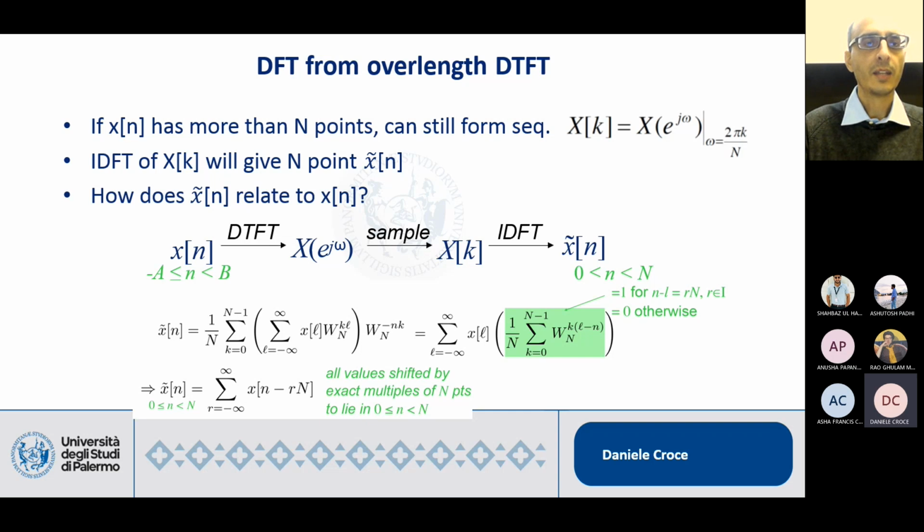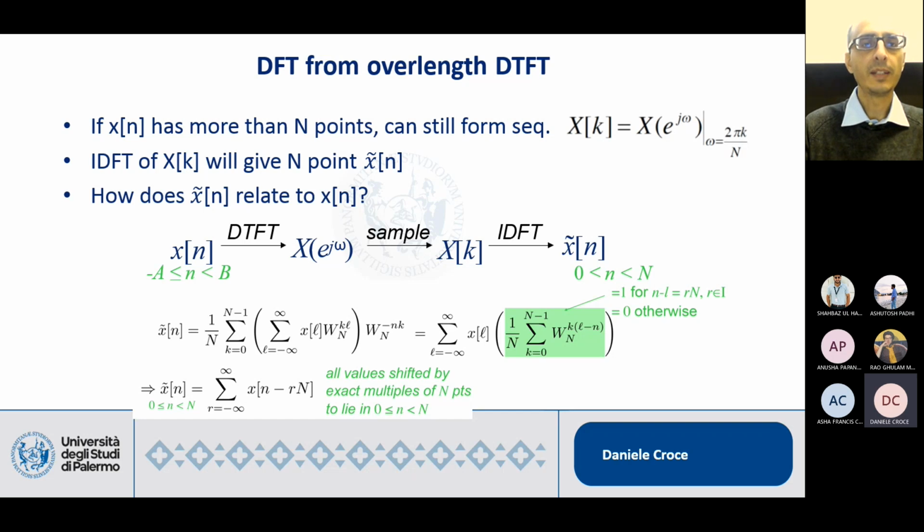Okay. So here it's probably explained better in the slide. You have a sequence whose support goes from minus a to b. We compute the DTFT, which will exist for sure because the support of the sequence is limited, and so the sequence will be summable. So we can compute the DTFT.